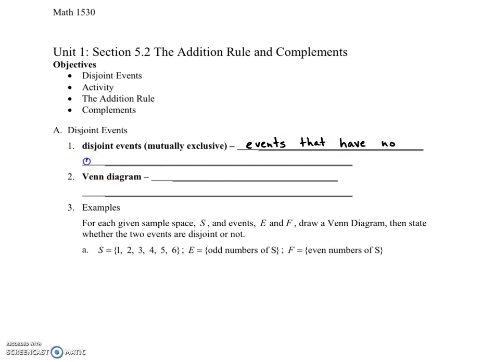So for example, if I were to pick a number randomly between 1 and 10, there is no way that the number I pick could be even and odd at the same time. So even and odd in that case would be disjoint events, because there's no way to get a number that falls into both categories.